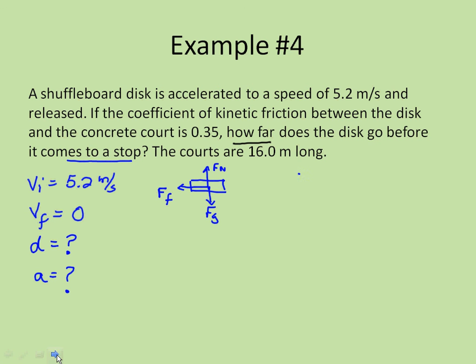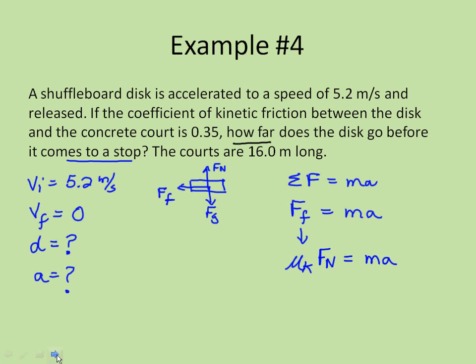So, my summation of the forces on my disk is just the frictional force equals mass times acceleration. Now, we're going to take our frictional force and break it down into what it really means this time. So, we know that it's the coefficient of friction times the normal force equals mass times acceleration.